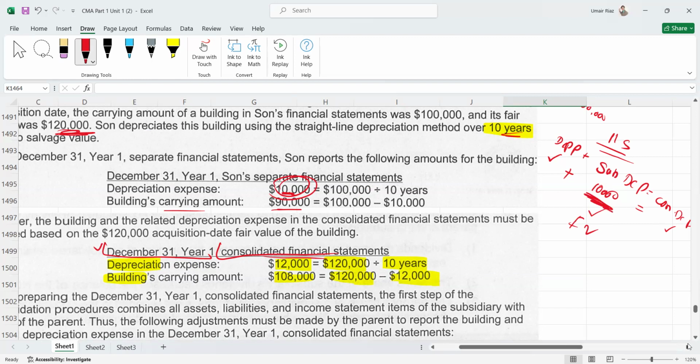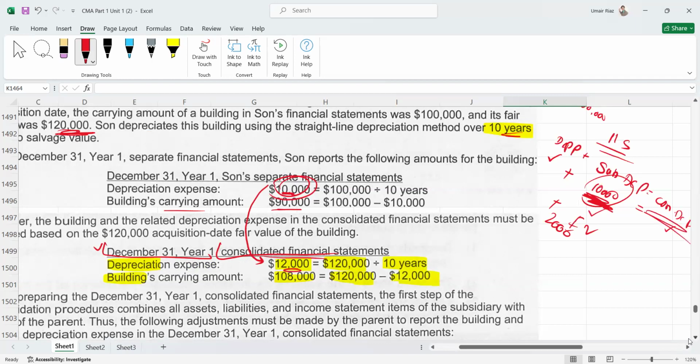So how much further depreciation should we add to reflect the fair value? We simply take the depreciation difference. Old depreciation was 10,000, depreciation based on fair value is 12,000. So 10,000 is already added, and if I add a further 2,000 of depreciation, this will be the consolidated depreciation.